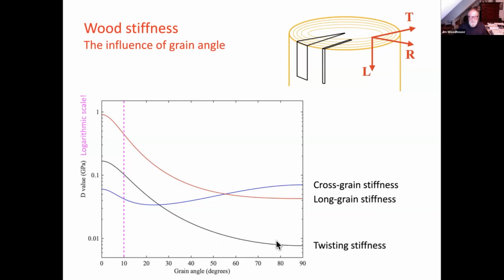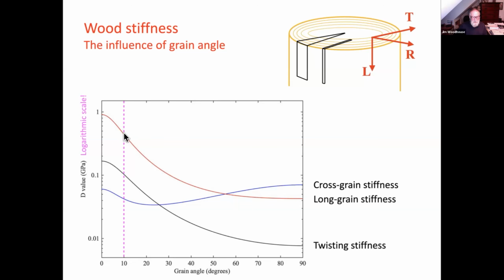And this time we see what you'd expect, it's the long grain stiffness that's really, really sensitive to this. Well, of course it is, because as soon as you're away from the split direction, you're avoiding the stiffest direction of the wood. And again, by the time you went all the way down here, you've lost more than a factor of 10.